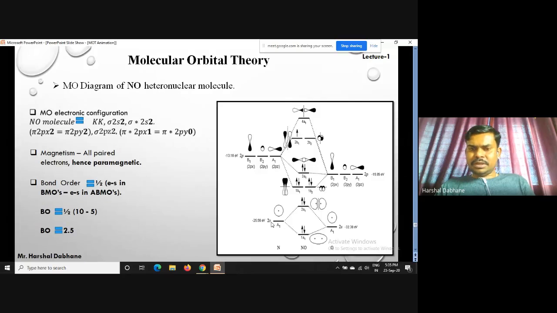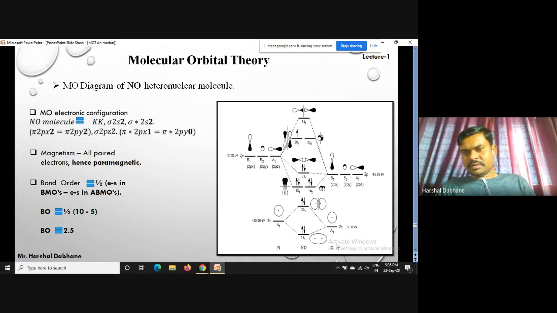This is an energy axis, the energy is increasing vertically upward. So when the orbital is at the lower position, it indicates that its electronegativity is greater and the energy is less. Here the energy of the atomic orbitals of nitrogen is greater as compared to the oxygen.